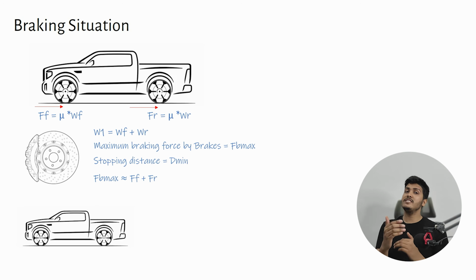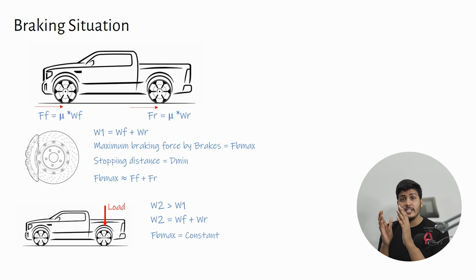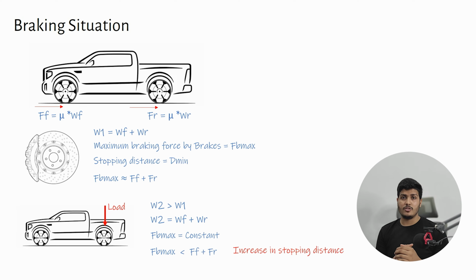Now suppose you increase the weight of your vehicle from W1 to W2. Here, W2 is greater than W1, which leads to an increase in the values of Ff and Fr. But the maximum braking force Fb max remains constant, and we don't have the extra braking force to compensate for the increase in Ff and Fr due to the increase in weight of the vehicle. So this will lead to an increase in the stopping distance of your vehicle.